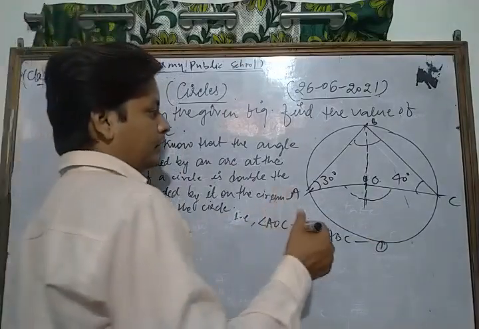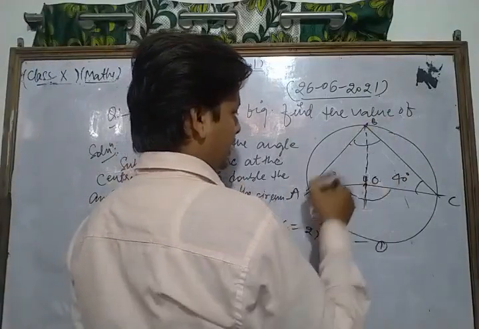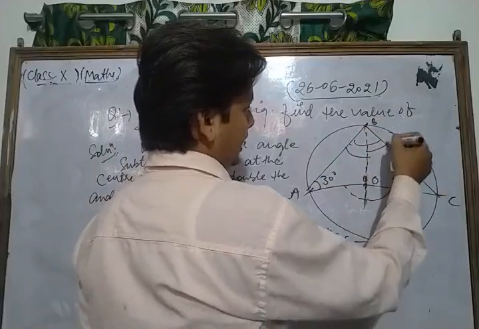and angle ABC is the sum of angle OBA and angle OBC.